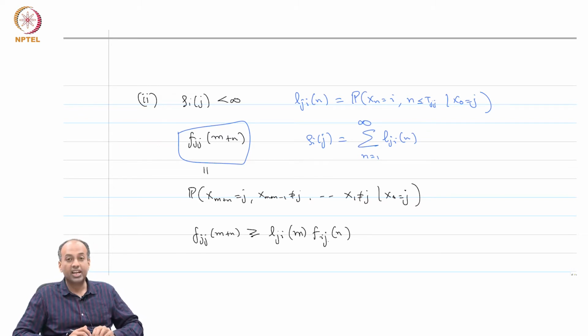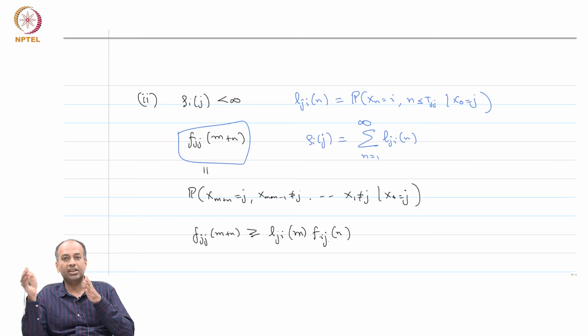What is Lji of m? I started in state j and I find myself in state i at time m without returning to state j again. I repeat, Lji of m is the probability that I find myself in state i at time m, but not having returned to j. Then Fij of n is the probability that I for the first time return to j after a further time of n.